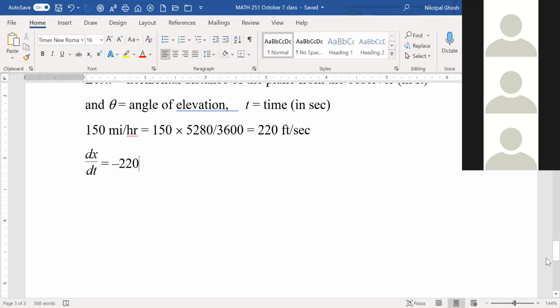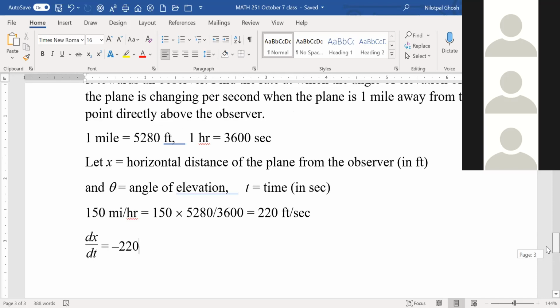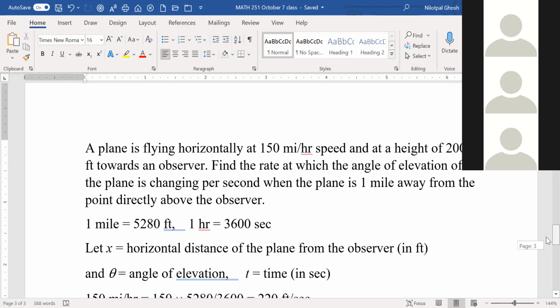What other thing we need to do is our two primary variables, x and theta. Do I need to go back to the picture to look at the relationship between x and theta? That's why I asked you to draw the picture on your notebook, so that we don't have to go back there. So the vertical distance was 2000. The horizontal distance was x. X is changing. And the angle is this.